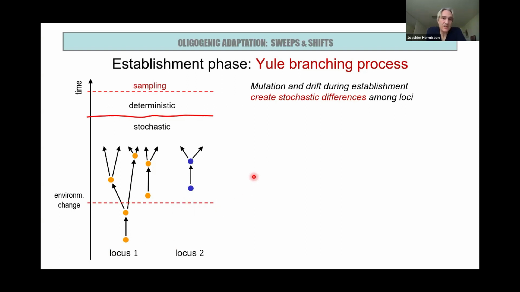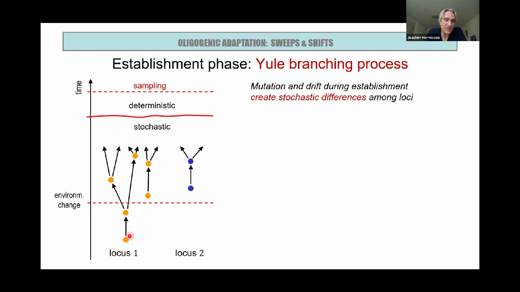Okay, so what is a Yule branching process? It's a branching process. So this is like the number of alleles. This is one, the orange locus here or the blue locus here. And here I follow all the allele copies in the population forward in time, from the bottom to the top, where I only include individual alleles at any point of time that do leave offspring also at the time of sampling, very late here.